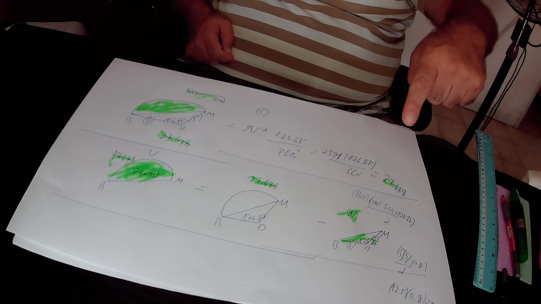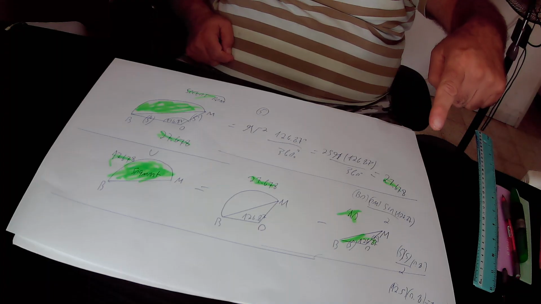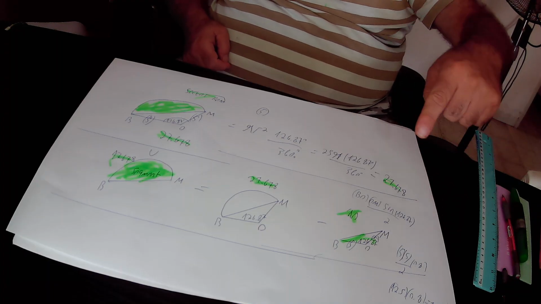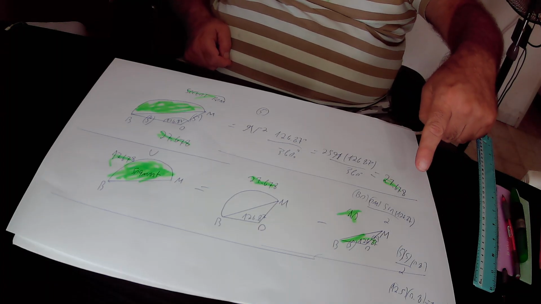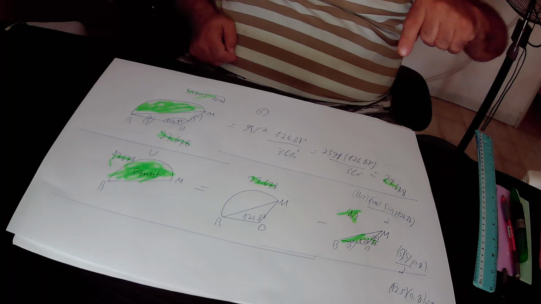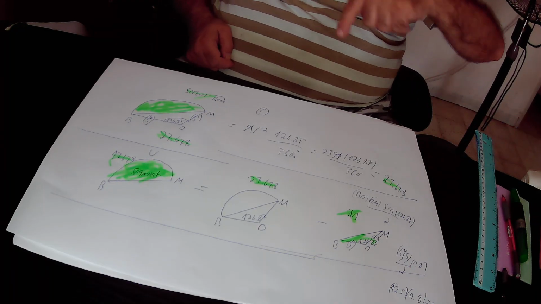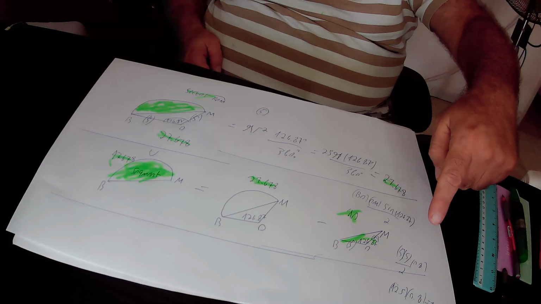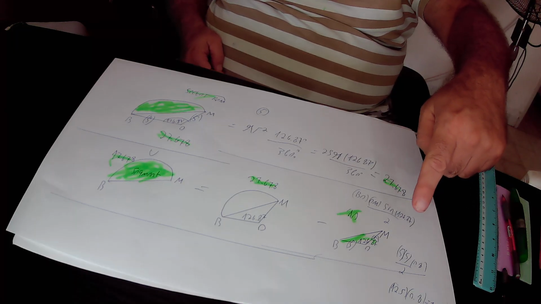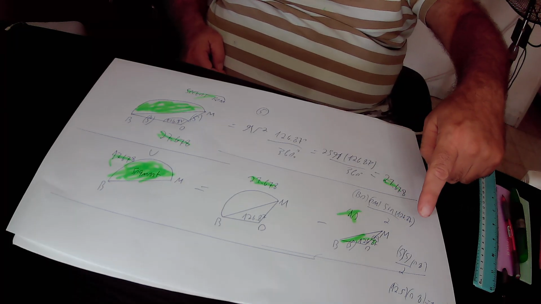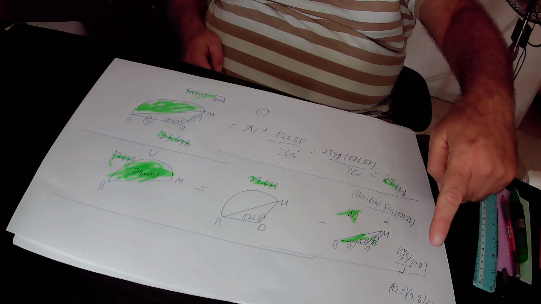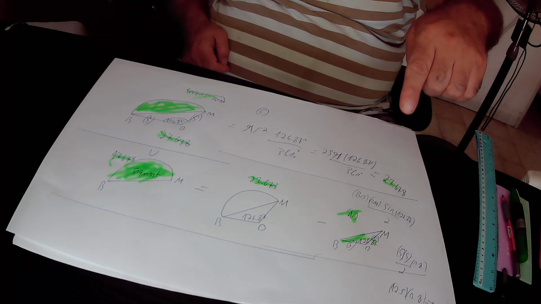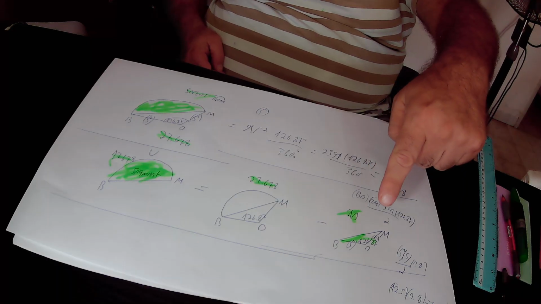BO is 5, times OM is also 5, so 5 times 5 is 25. Sine 126.87 is 0.8. So the area of this triangle BOM equals 25 over 2, that is 12.5, times 0.8, which is 10. So the area of this triangle BOM equals 10 square meters in size.